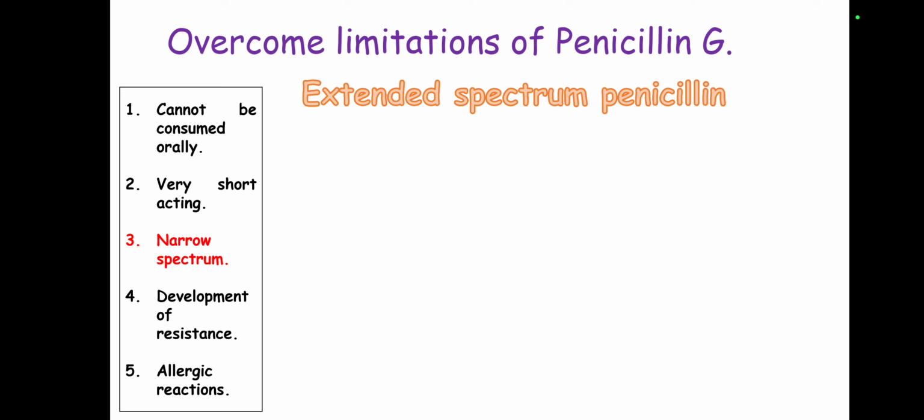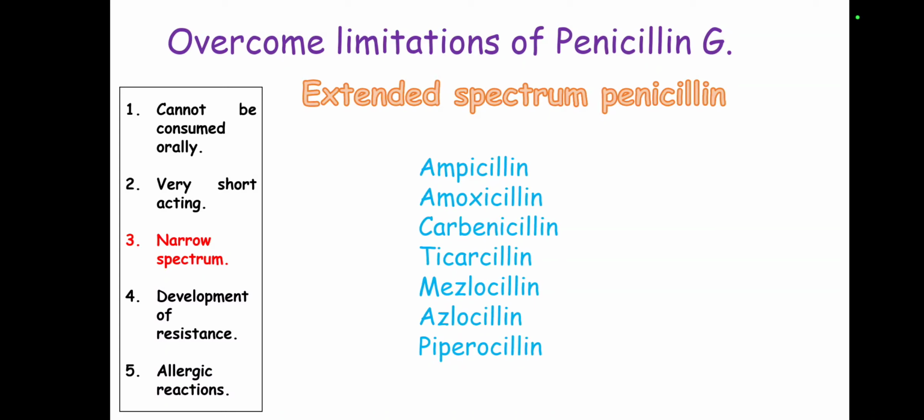Now the examples of drugs are ampicillin, amoxicillin, carbenicillin, ticarcillin, mezlocillin, azlocillin and piperacillin. And you can remember the names of these drugs by the mnemonic ACT MAP. So these drugs are not only effective against gram-positive bacteria, but they are also effective against gram-negative bacteria.